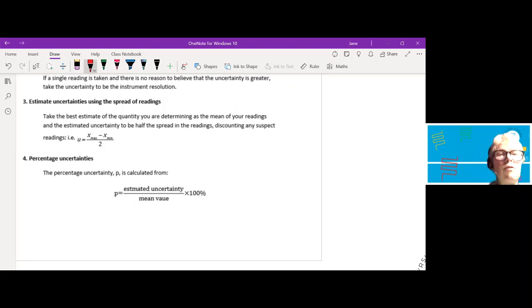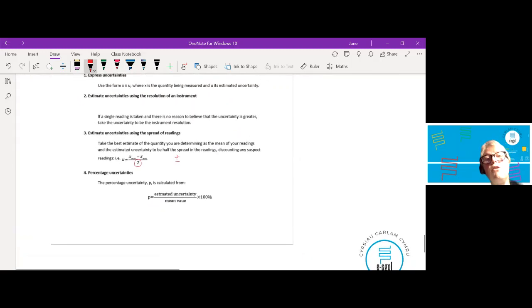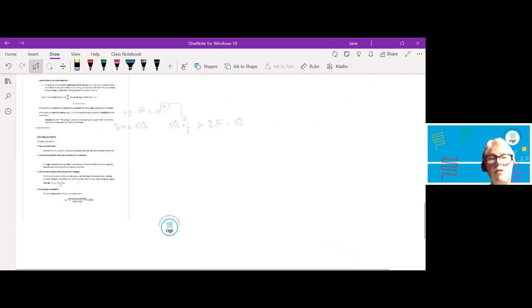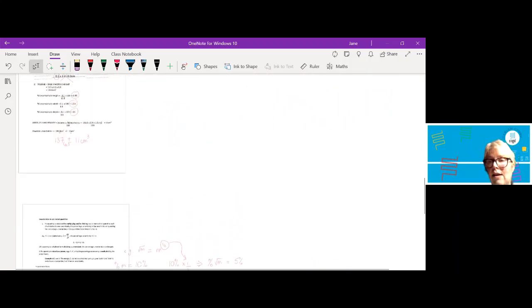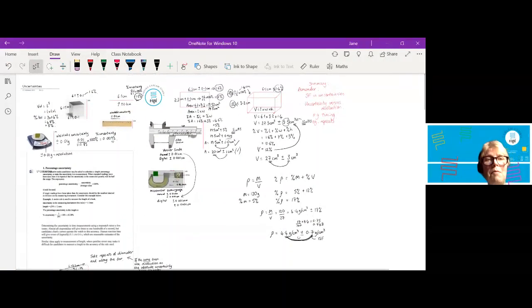The reason why you divide it by 2 here is to give you that plus or minus, because you've got the mean and how much do you add and how much do you take to give you that uncertainty. And then you've got to get that as a ratio of the mean value to give you the percentage uncertainty. And I think I have now come to the end of my presentation.